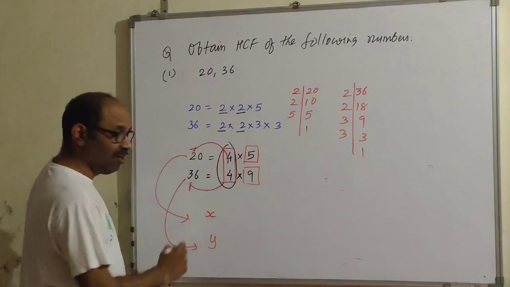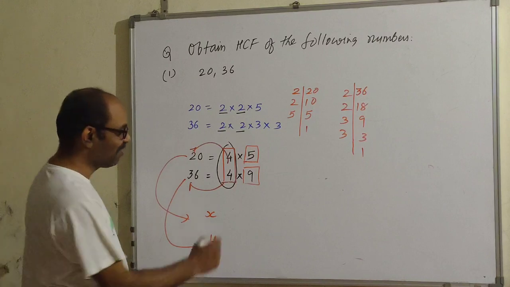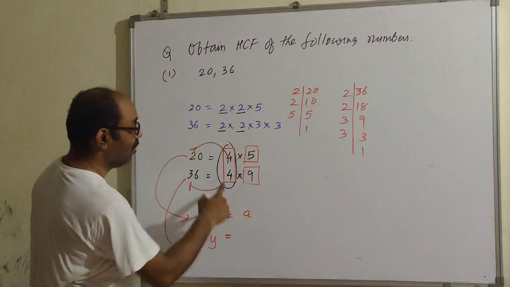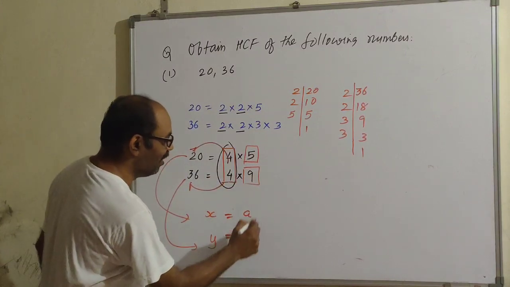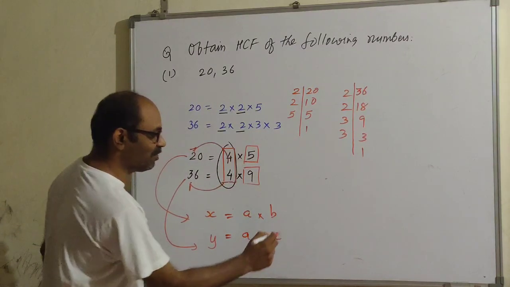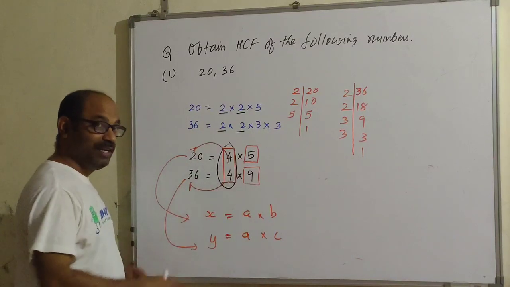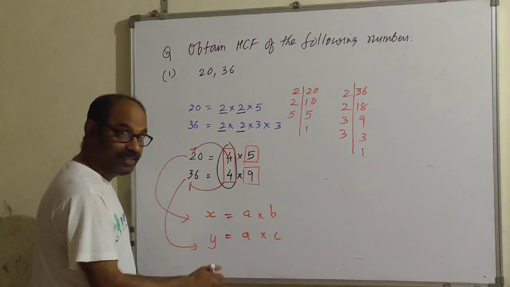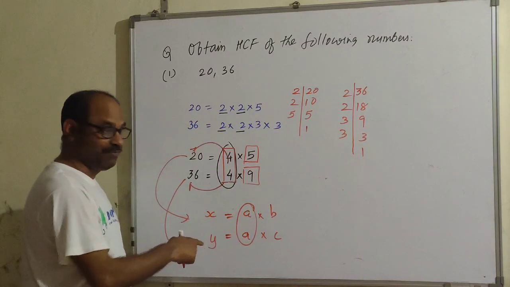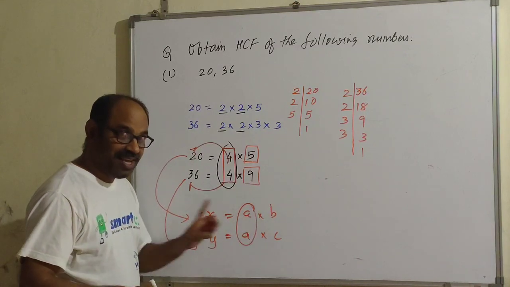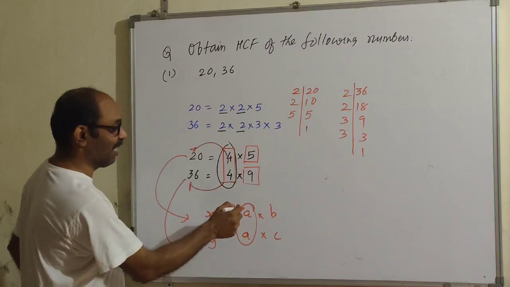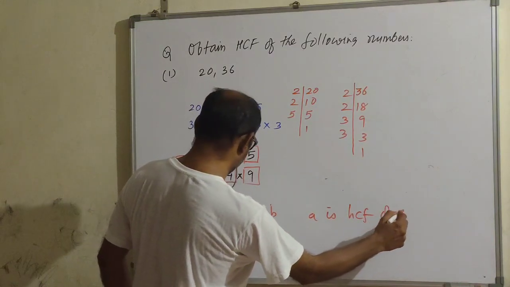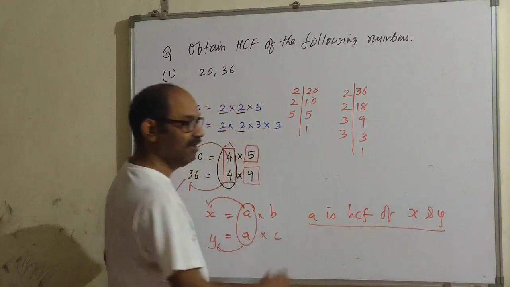This 36 is also unknown by writing y, is equal to A into C. This is A, and this is also A because it is the same, into B. So when you have these two equations of this form, x is equal to A into B and y is equal to A into C, where B and C are co-primes, in this case you can say A is HCF of x and y.